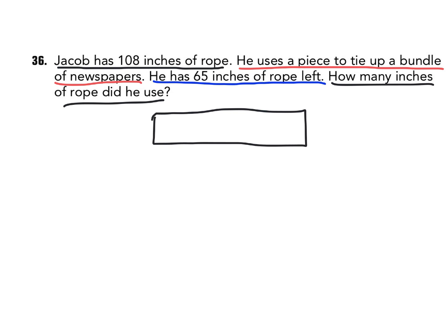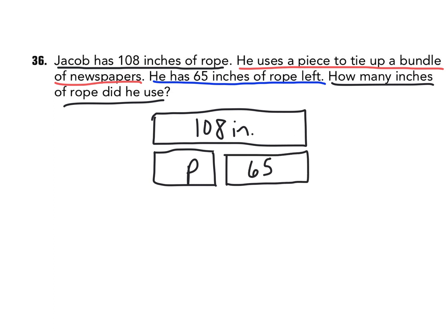The whole piece of rope we had to start with is 108 inches. He used a piece of rope, so maybe P for piece of rope. And then he has 65 inches left. So maybe that piece isn't quite as big as I'm showing it here.